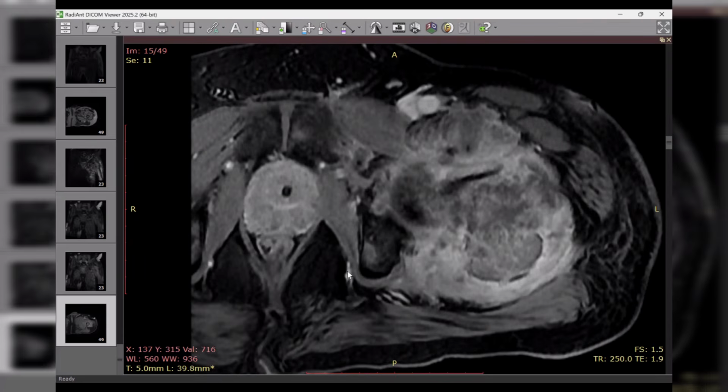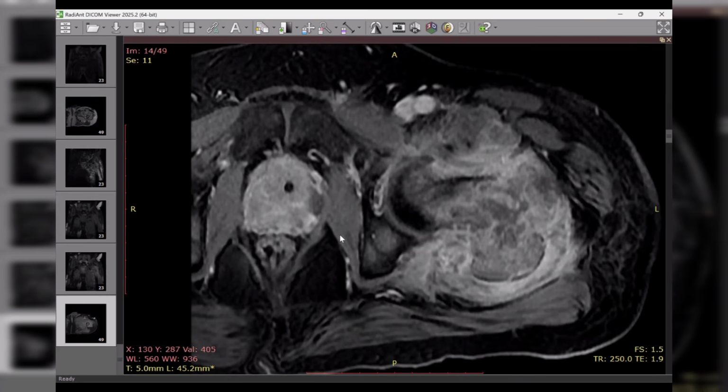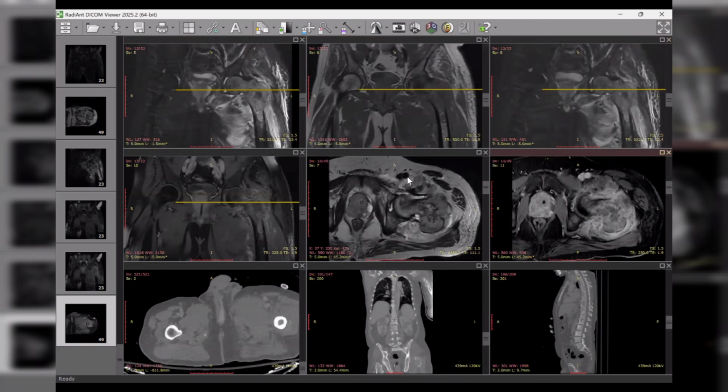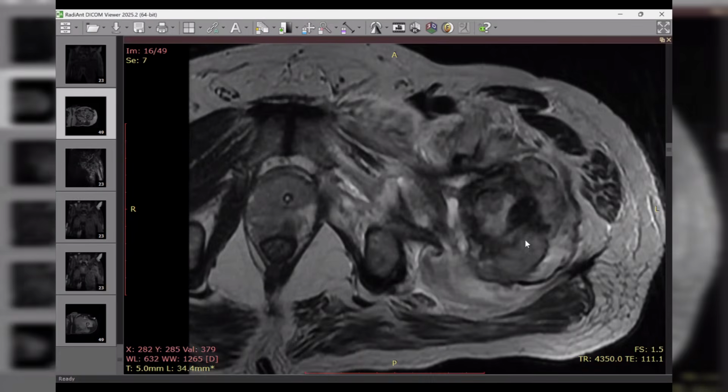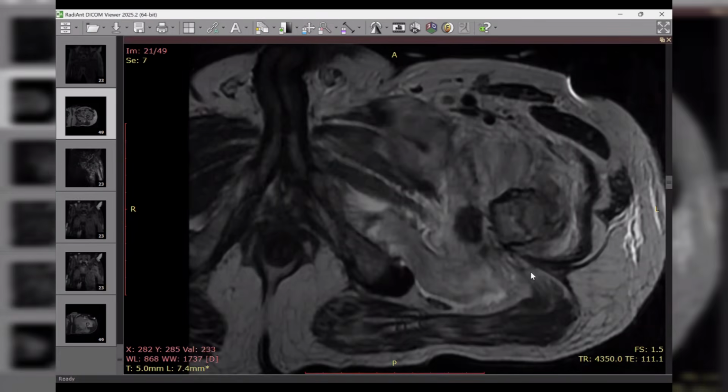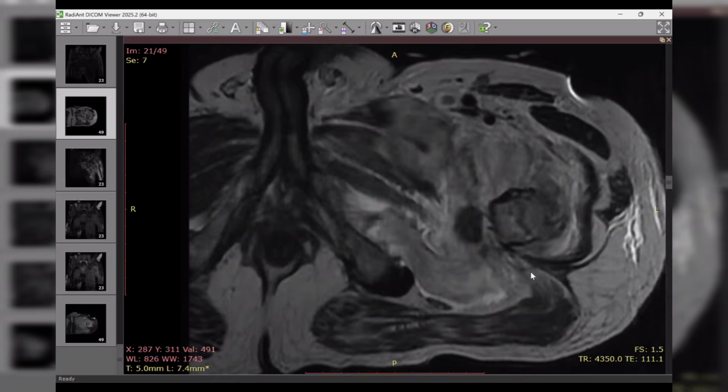Right. Can I show you something? Yes. This is the T2, the lesion.